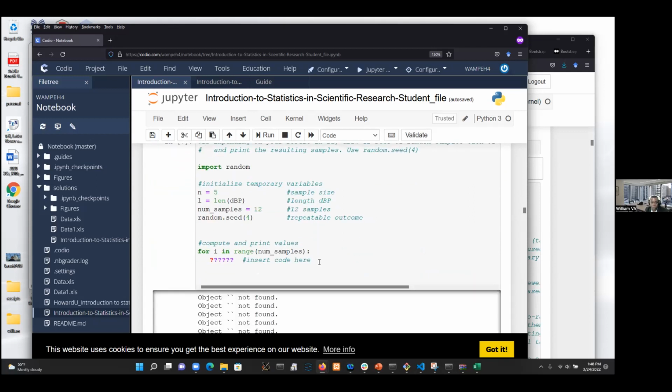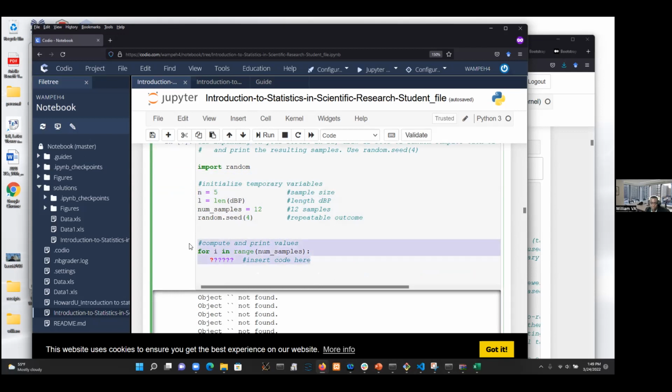So this was supposed to be your code. When you go home, you're supposed to take a sample of size 12 from the BDP data set. Take 12 samples: sample 1, sample 2, sample 3, sample 4, sample 5. Each time you get a sample of size n equal to 5.